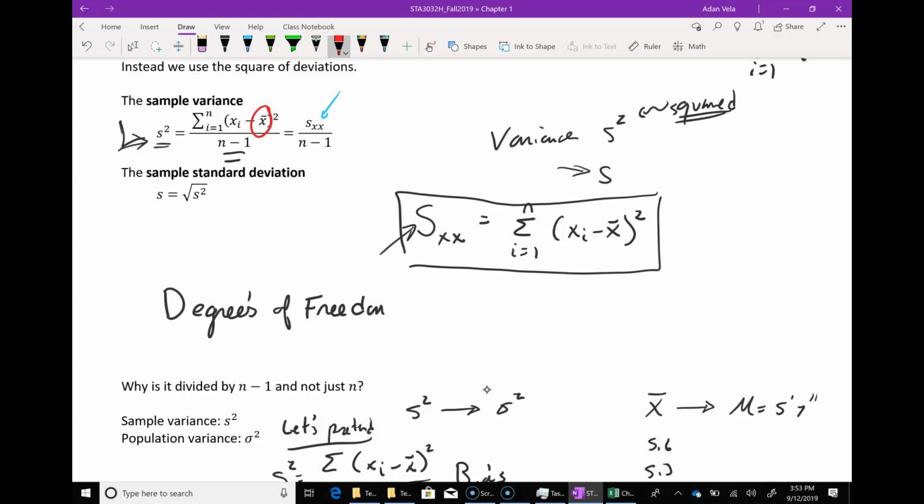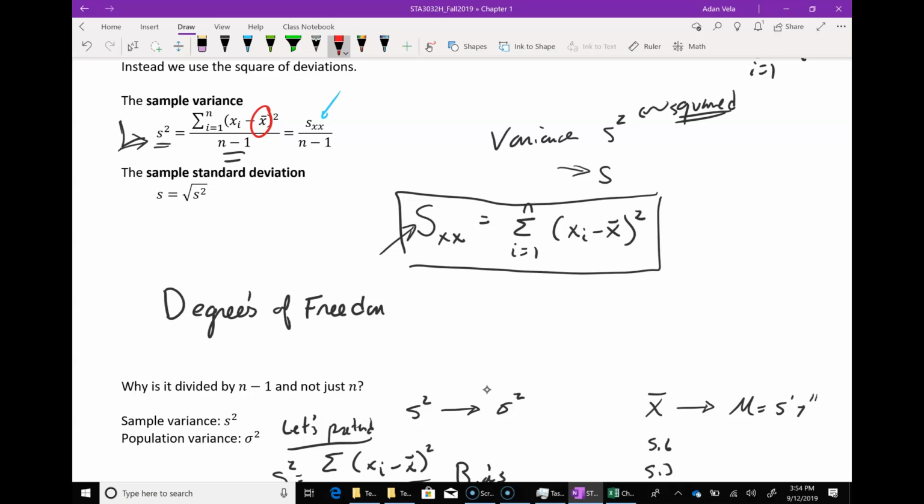I add up those 100 data points and then I divide by 100. And they refer to this as using up a degree of freedom. This equation is no longer based on all 100 data points. It's actually based on 99 data points, because you're using those 100 data points to calculate that x bar, that mean.